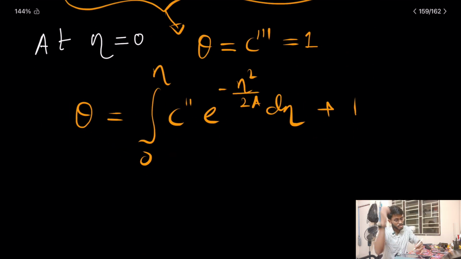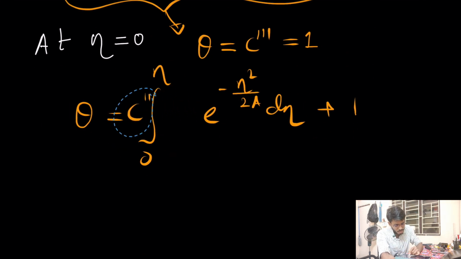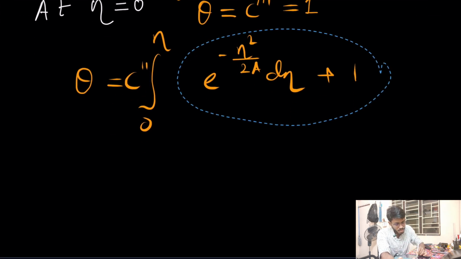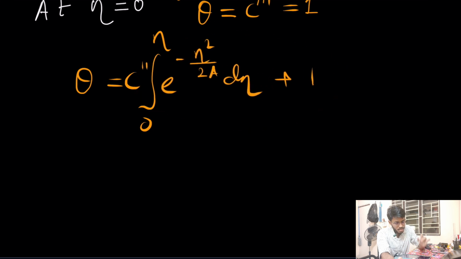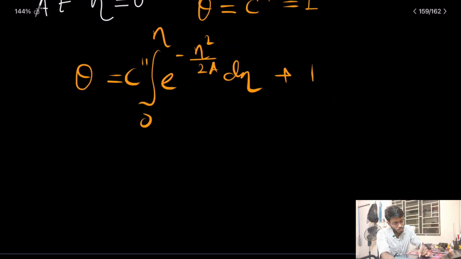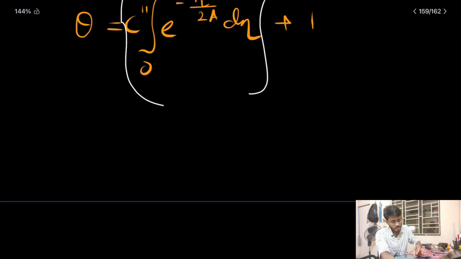And see one thing, that I can just take this constant c double dash and put it outside the integral because it is a constant. Fine.